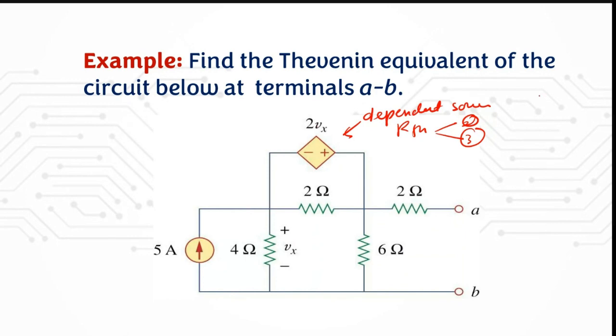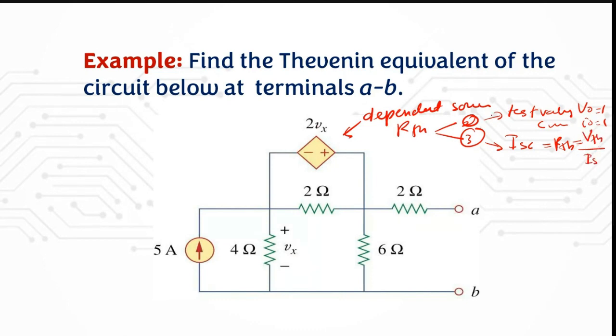Method 2 is where you put the test voltage, or you can put the test current, where V naught or I naught is equal to 1. Or you can use method 3, where you put the ISC at the short circuit, and then you can calculate your RTH, which is equal to VTH over ISC.